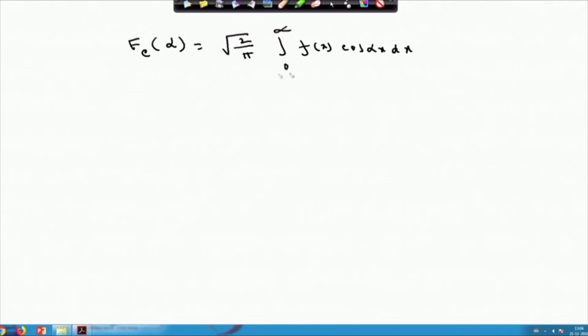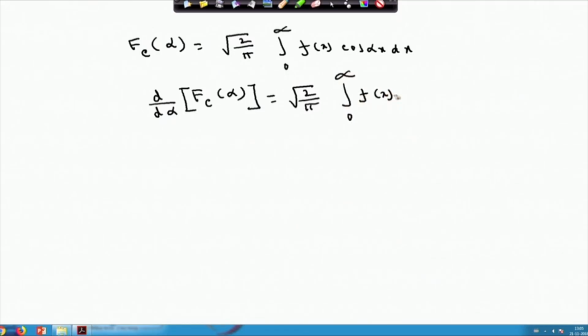And once I have written this, what is d by d alpha of the Fourier cosine transform of alpha? This is nothing but root over 2 by pi, integral 0 to infinity, where d by d alpha is there, that is f x into d by d alpha of cos of alpha x.